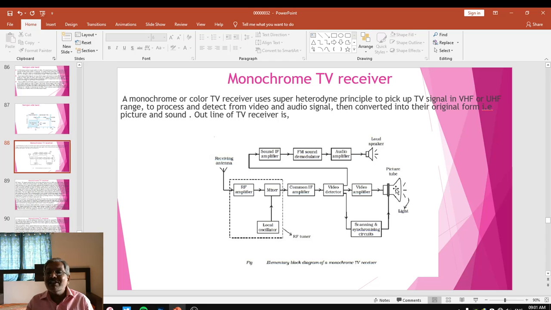When the electron beam containing the picture information is incident on the screen, it absorbs the kinetic energy, converts it into potential energy, and then emits a bright spot in the form of light radiation. That spot is known as a pixel of the picture.